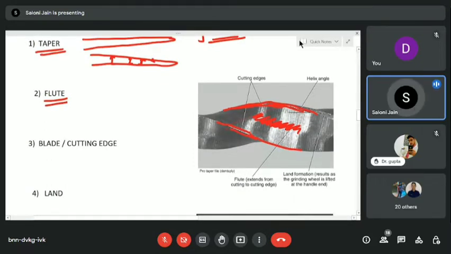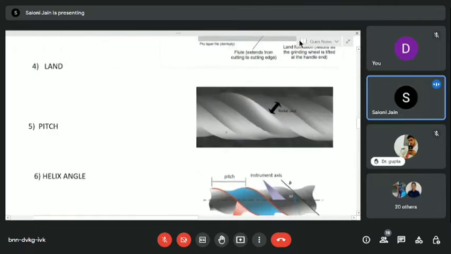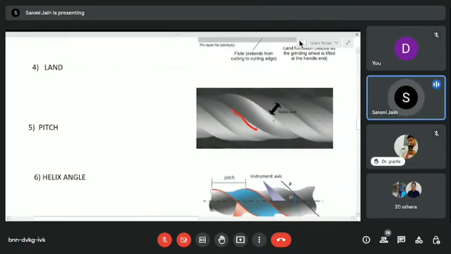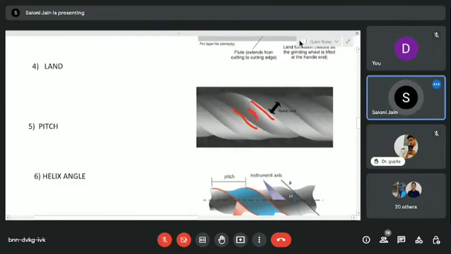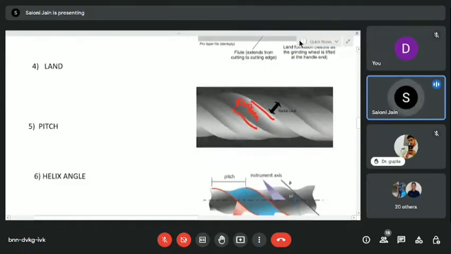Next you have land. This is nothing but a projection. If this is the cutting edge, and this is your flute, the raised area is the land. Flute is basically the groove, and the accentuated or lifted part is the land.